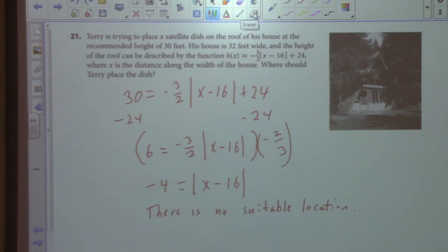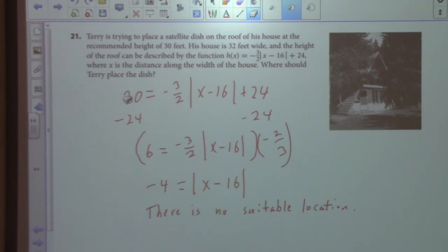Okay, here's what Terry would have to do. What if Terry changed this to 20? Where does Wi-Fi come from? If Terry changed this to 20, would it work? He'd have to actually change this to less, but you see this height is just too high.